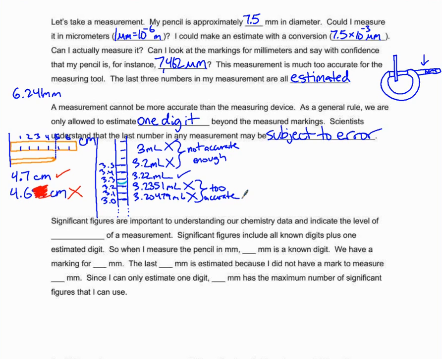Another type of device which you won't use in Chemistry 1, but you will use if you take AP Chemistry, is called a burette. And it's a lot like a graduated cylinder. It's very tall and skinny. And it has to be supported by a special clamp on a ring stand because the bottom of it has this dropper and it has this valve.